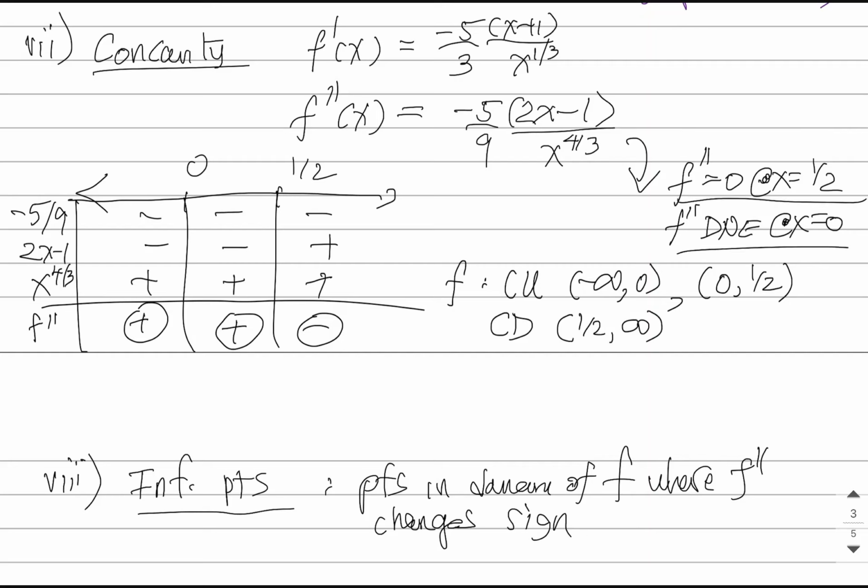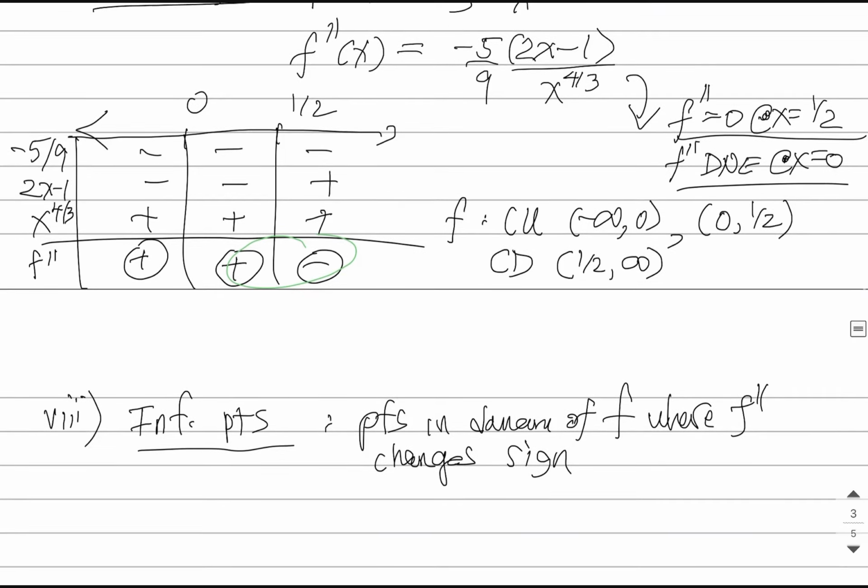It's not just a point where the second derivative doesn't exist. Those are necessary but not sufficient. You need to look for a sign change in the second derivative. And I'm hoping that you can see from your table there's only one inflection point when x is 1/2, because that's where the function changes its concavity from up to down.